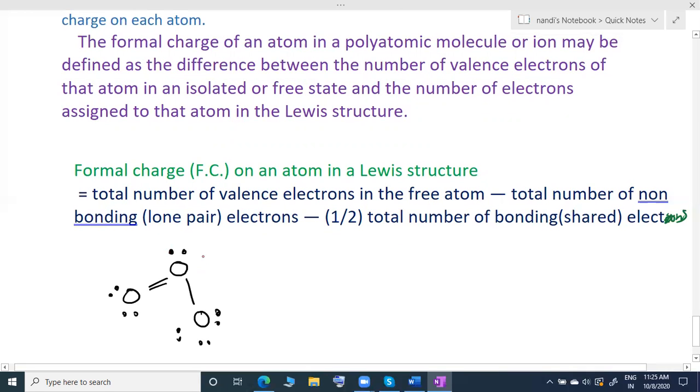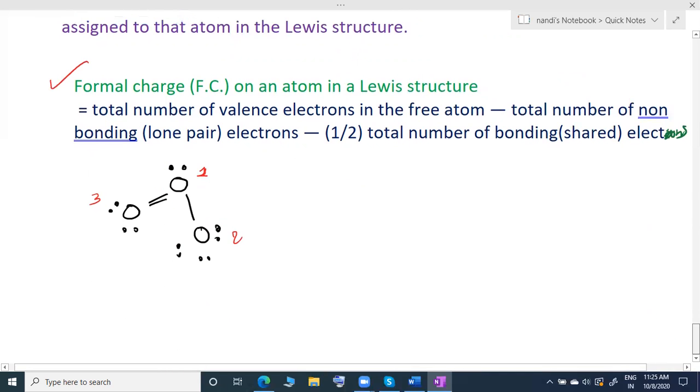Assume this is oxygen atom 1, this is 2, this is 3. You can apply the basic formula, the formal charge formula, and try it. So oxygen 1 we are going to calculate.